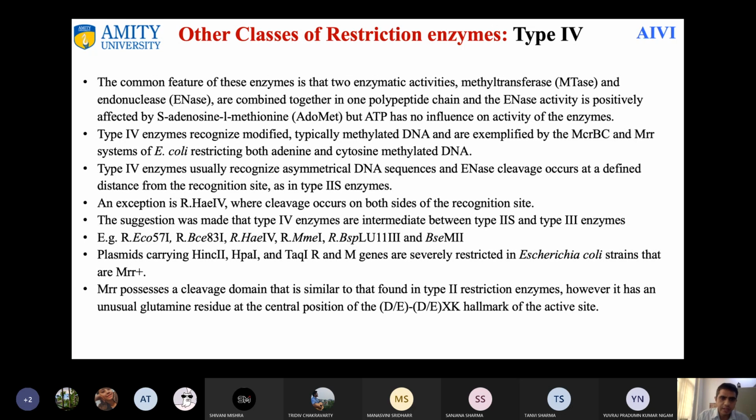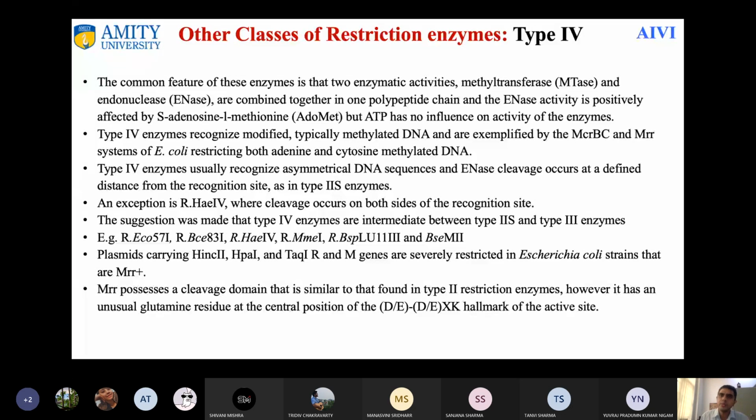One more property of this type 4 restriction nuclease is the MR system. As we were talking, all the restriction endonucleases are the immune system of your bacteria, a protection from bacteriophage infection. All the roles that we are talking about are because of getting protected from the bacteriophage infection.